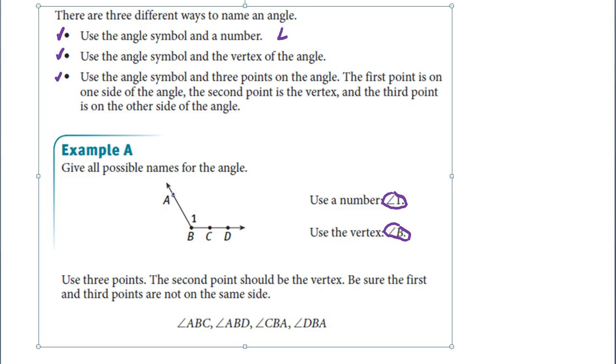Angle A, B, C traces that figure. Angle A, B, D traces the figure. Angle C, B, A traces the same figure. And angle D, B, A, that bends that same corner and traces that same figure. All ways to name the same figure.